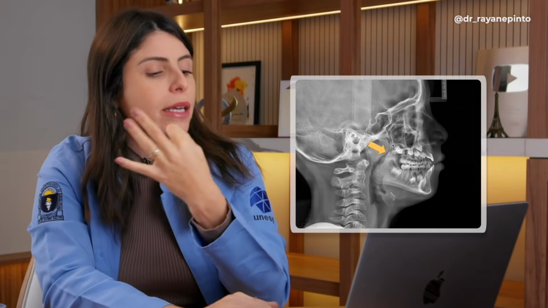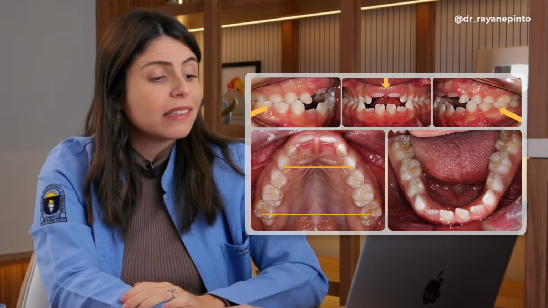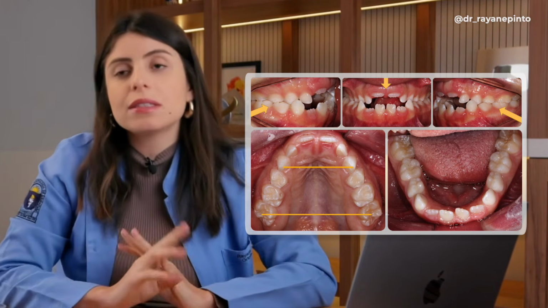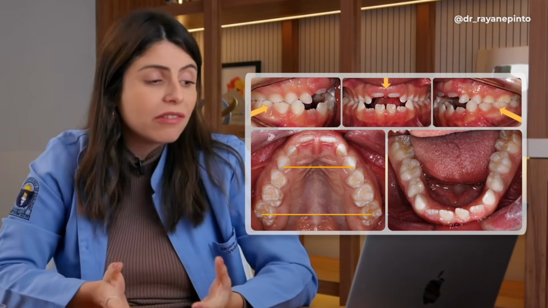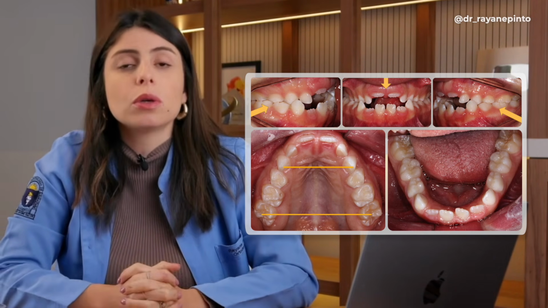The poor child could only breathe through his open mouth. So take a look here. There was absolutely no space at the level of the upper airway, but the lower arches were also deficient. And here I have a patient with a posterior crossbite, even a bilateral posterior crossbite, and maxillary growth restriction.